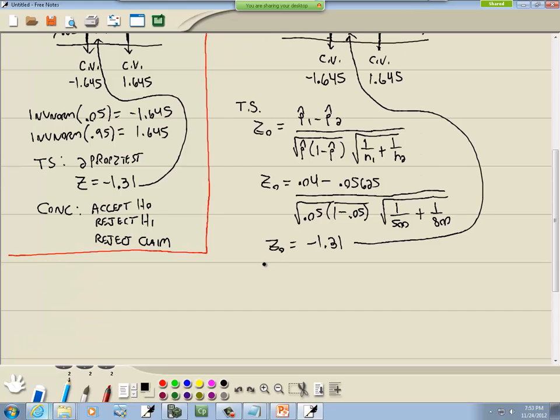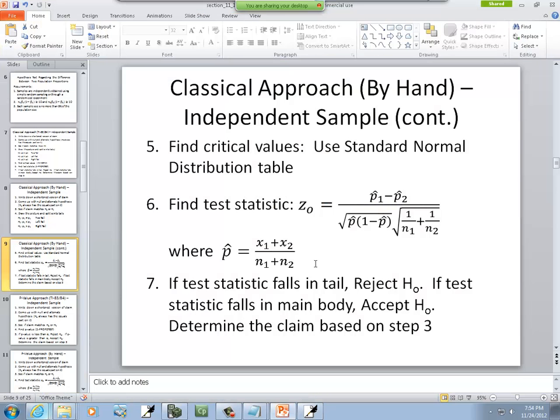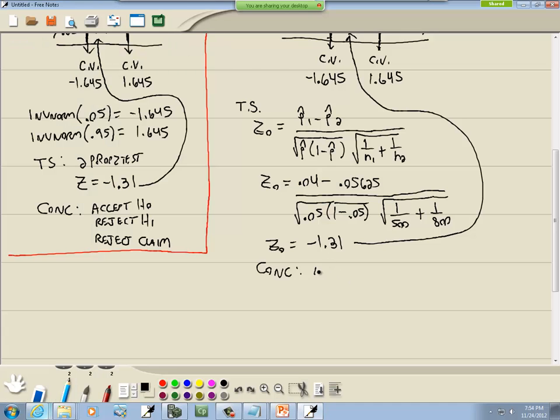So our conclusion: test statistic falls in the non-rejection region, so we accept H naught. That means we'll reject H1. And since our claim matches H1, that means we'll reject our claim. There we go.